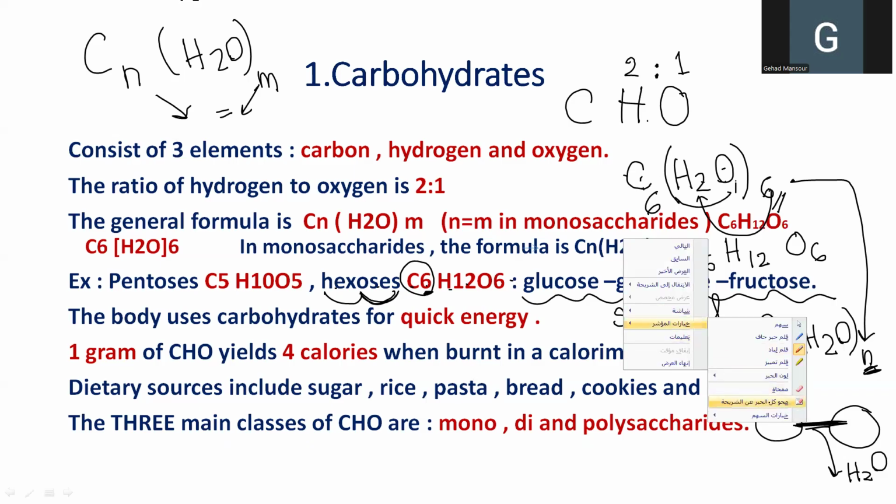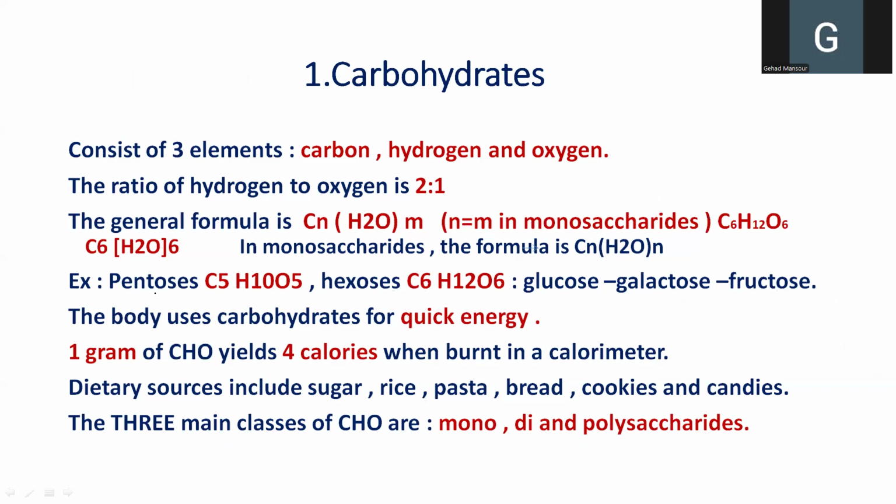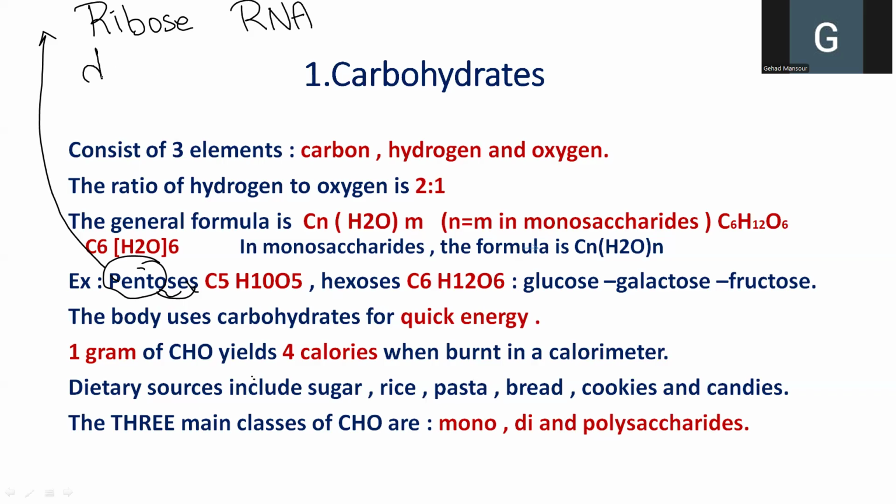There is another sugar that is also important, and that ends in "ose" because it is a sugar, but it starts with the prefix penta because it contains only 5 carbon atoms. These pentoses are very important because they include ribose that is present in RNA, and deoxyribose that is present in DNA.